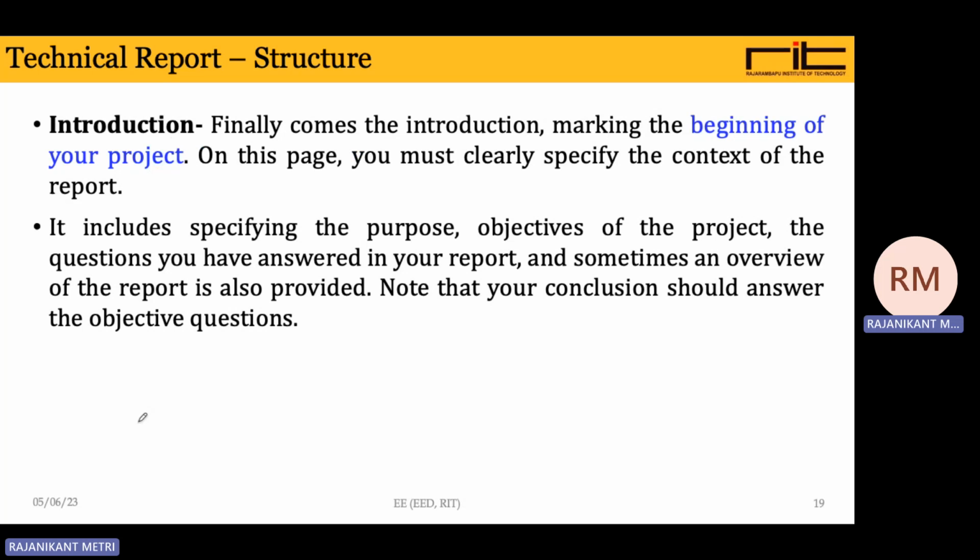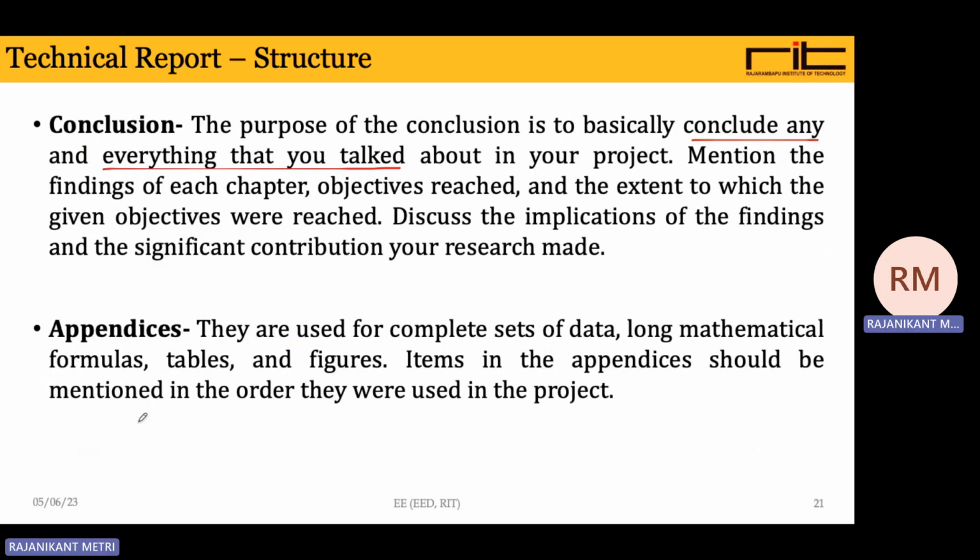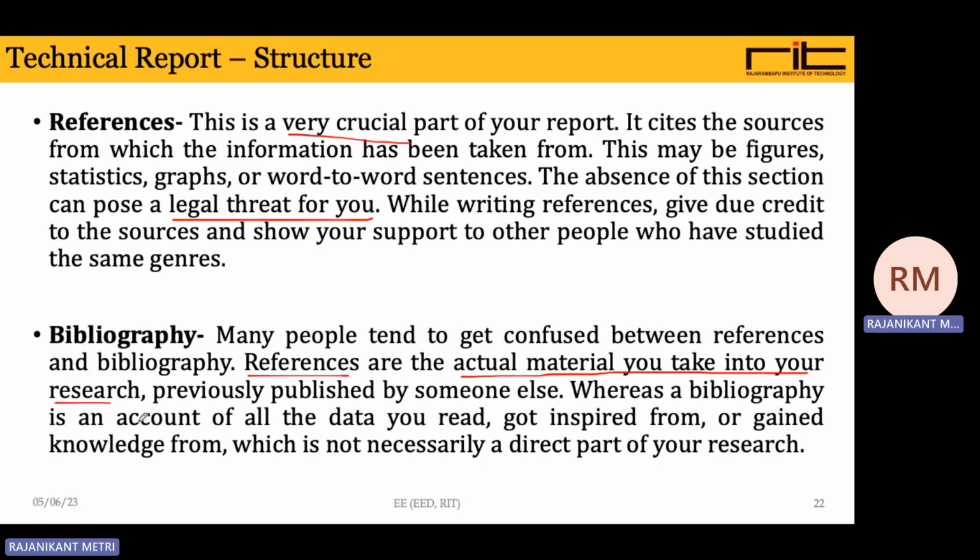Then the introduction chapter, which should give your objectives of the work. Then all the central chapters. Then the conclusion chapter, and after conclusion, there may be appendices or appendix pages, reference page, and bibliography page. So all these things must be included in your technical report.